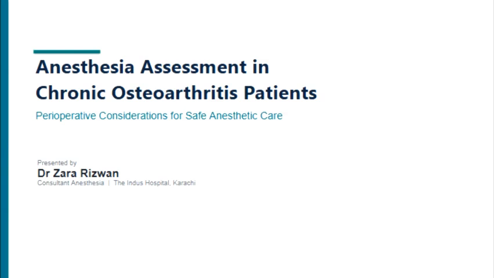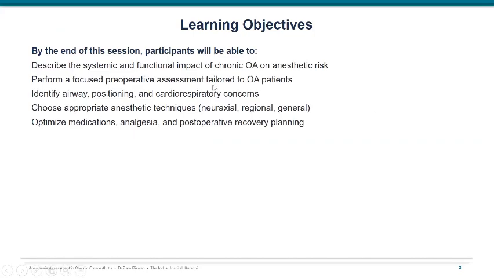There is secondary muscle weakness and deconditioning around that joint that results in altered gait and posture in the spine, and basically airway positioning challenges. Basically, there are airway and spine related challenges that we face during the perioperative period. Today the topic of presentation is the preoperative assessment in patients with chronic osteoarthritis.